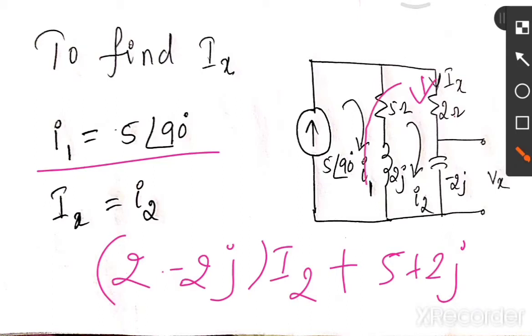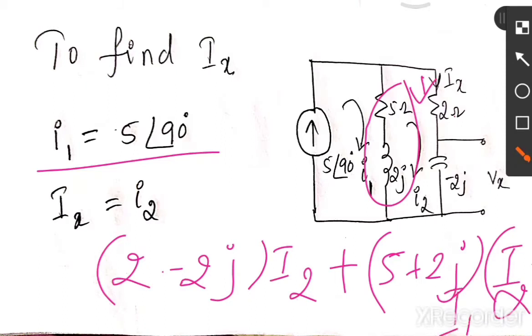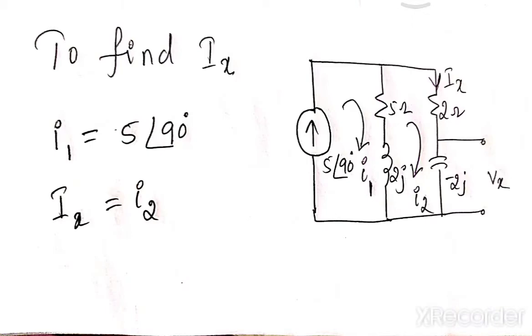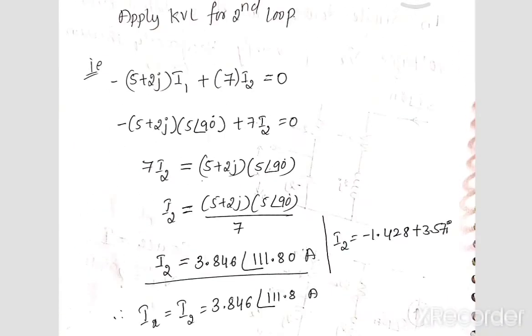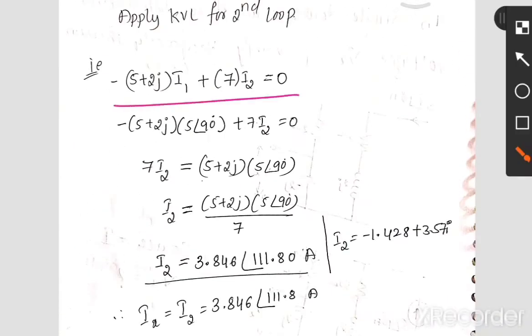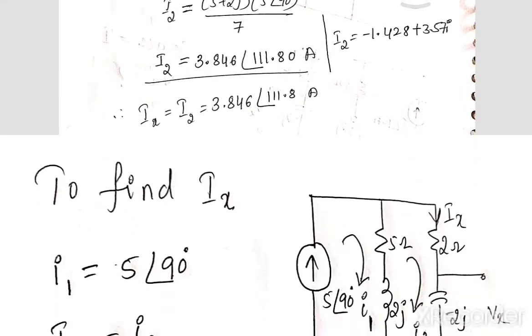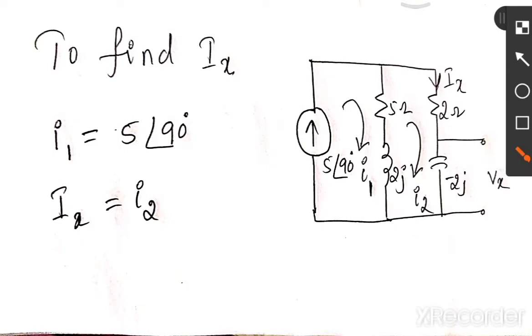We can take the combined 5 plus 2j impedance times I2 minus I1, equal to 0. Simplify that, apply KVL.